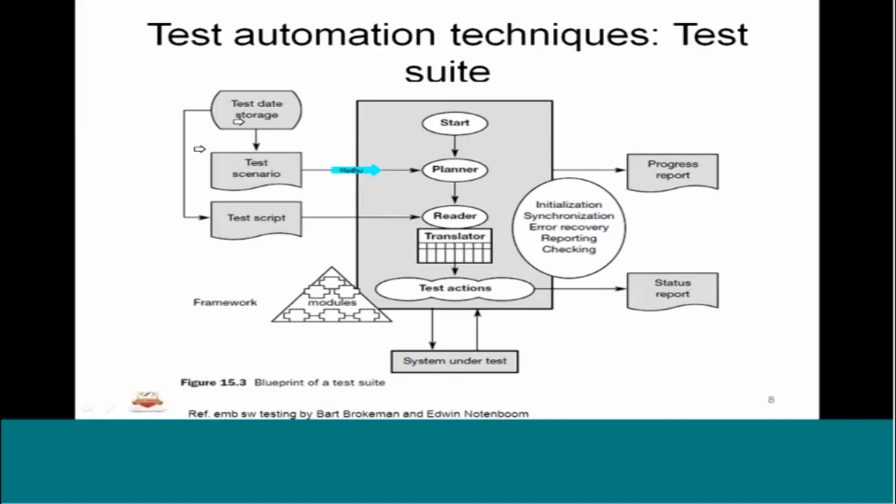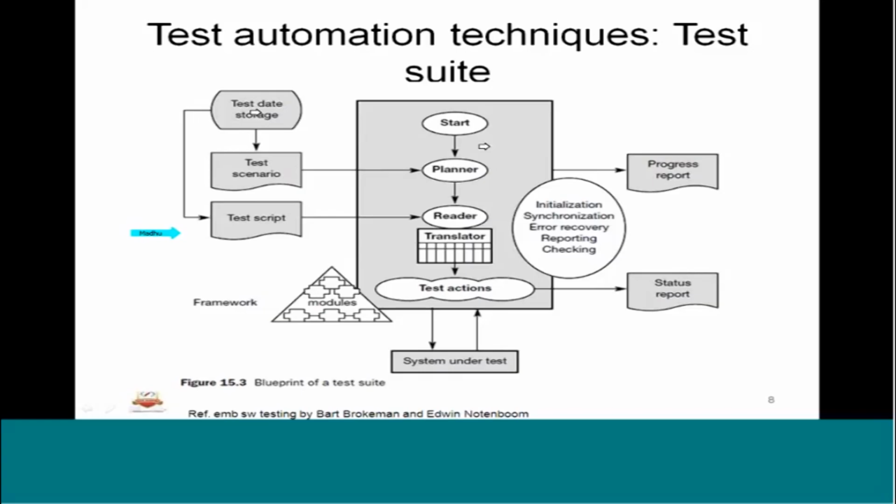That means we have a test data storage in terms of a database having signals, their definitions and all that, and the test cases also specifying the test scenario, and that scenario will be picked up by the planner module, and the next one will be the reader for that particular scenario. The particular test script will be read from the stored database or the contents.